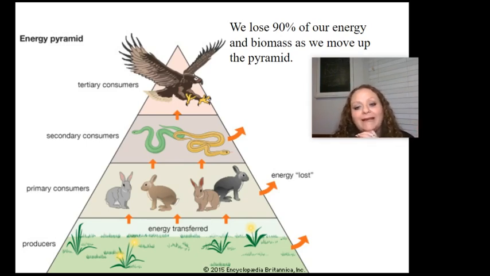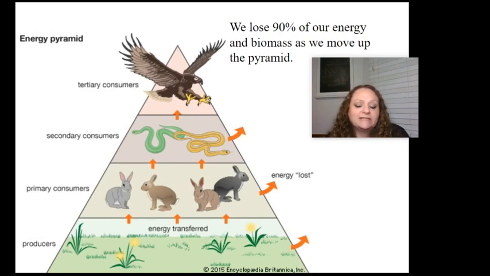We lose about 90% of our energy to our processes and to just living life. So these bunnies have a certain amount of energy in their bodies, but it's only 10% of the energy that they have taken in. The other 90% was lost to bunnies doing bunny things.